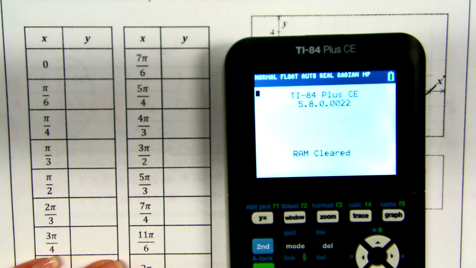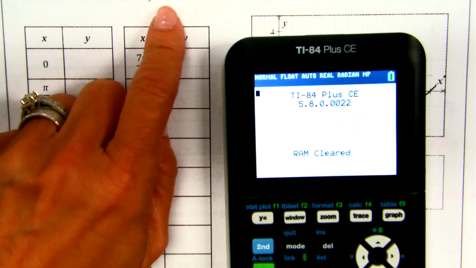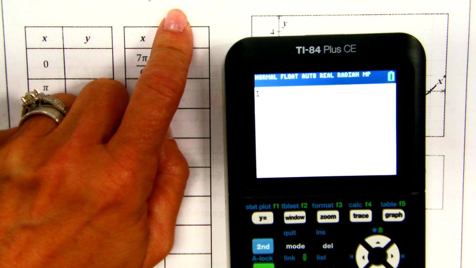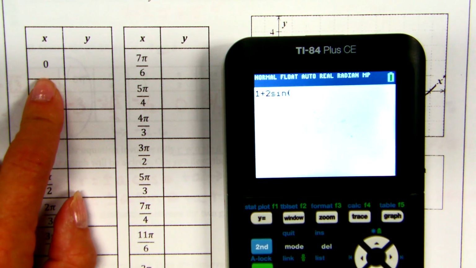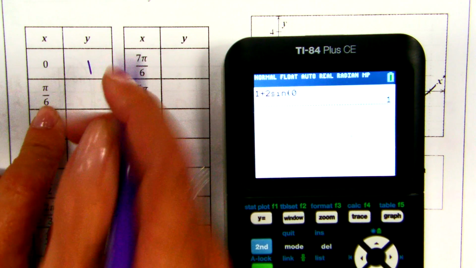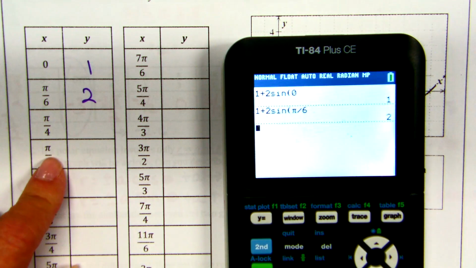I want to see everybody doing this, and then I'll let you stop and I'll give you the rest of the answers so you don't have to sit here for an hour plugging and chugging. You're just typing in your calculator 1 plus 2 sine, and then whatever the x value is, and writing your answer. 1 plus 2 sine of pi over 6. And you don't have to close your parentheses if you're going to hit enter. And you get 2. And you're going to get some decimals.